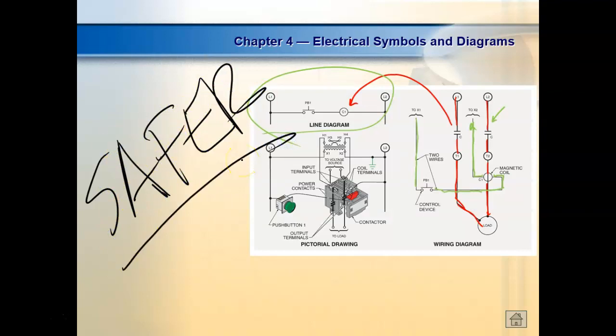It's safer. The control is the same. We use relays, we use switches, we use contacts. So the advantage of low voltage is nothing but safer. What advantage is high voltage?